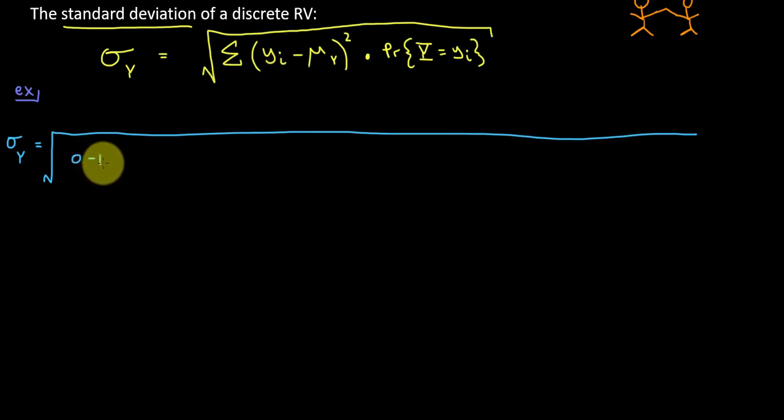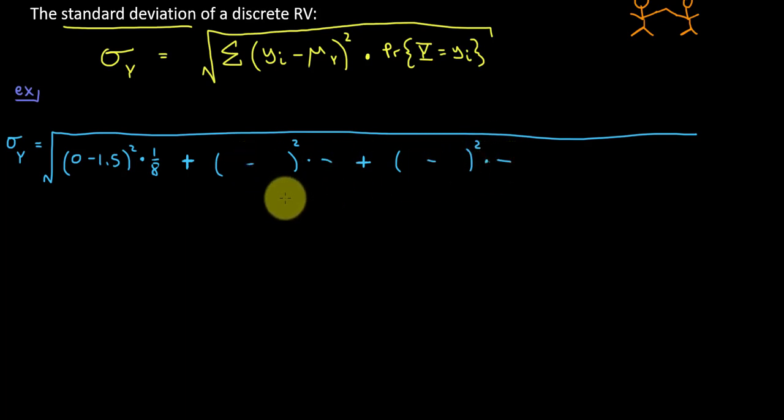We'll subtract the mean, square, times the probability of 0 tails. Cool. That's what they're all going to look like. We're going to have a subtraction squared multiplied by a probability.